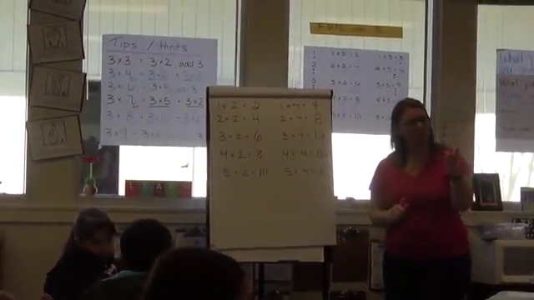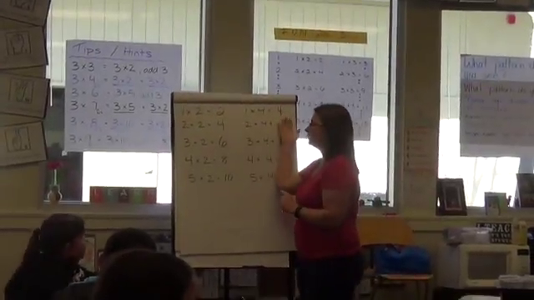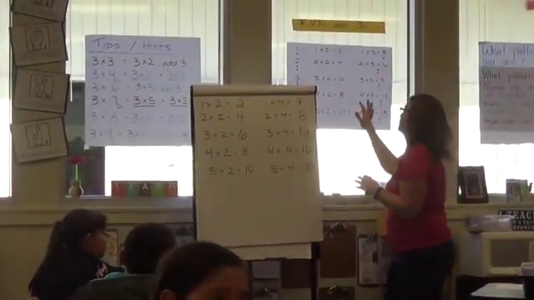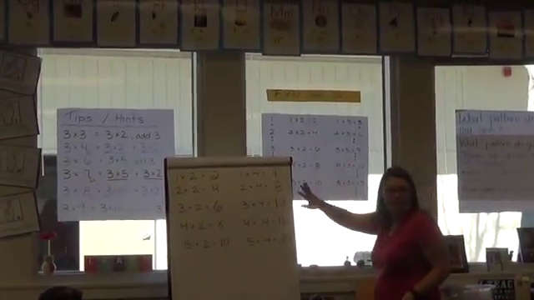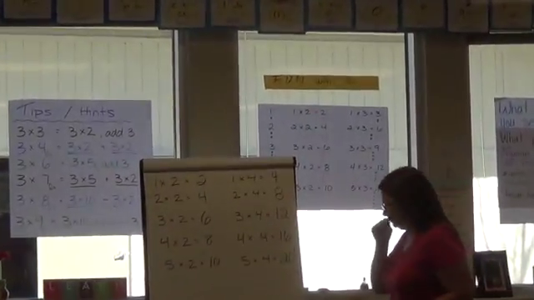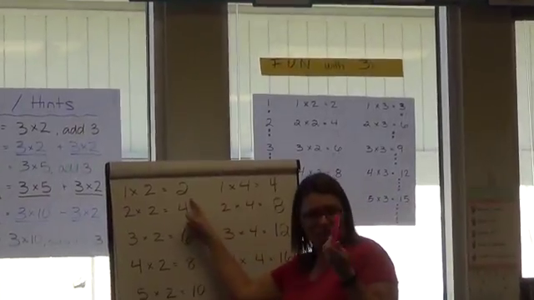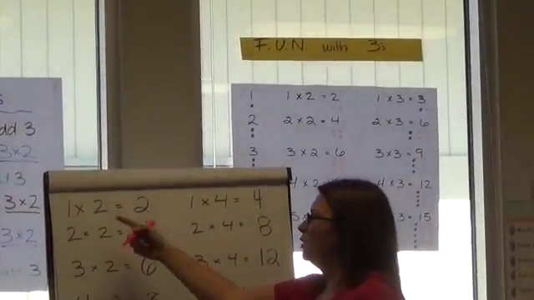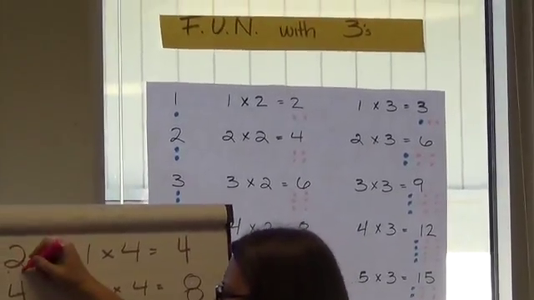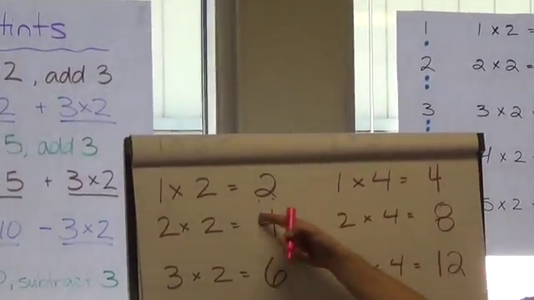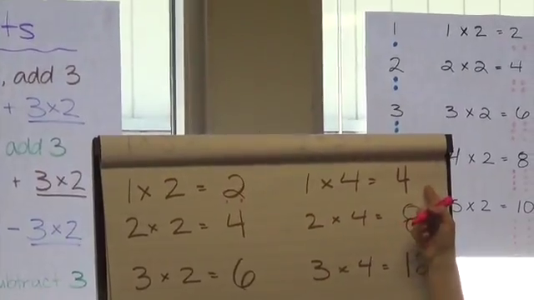I want to go back to what Natalia was saying about how it's double. So I'm trying to picture, like we had here for our visual with our fun with 3s, a way that I could show that here. So if I'm going to use pink, 1 times 2 equals 2, there would be my 2 dots. If you said I could double this answer to get this answer, right?